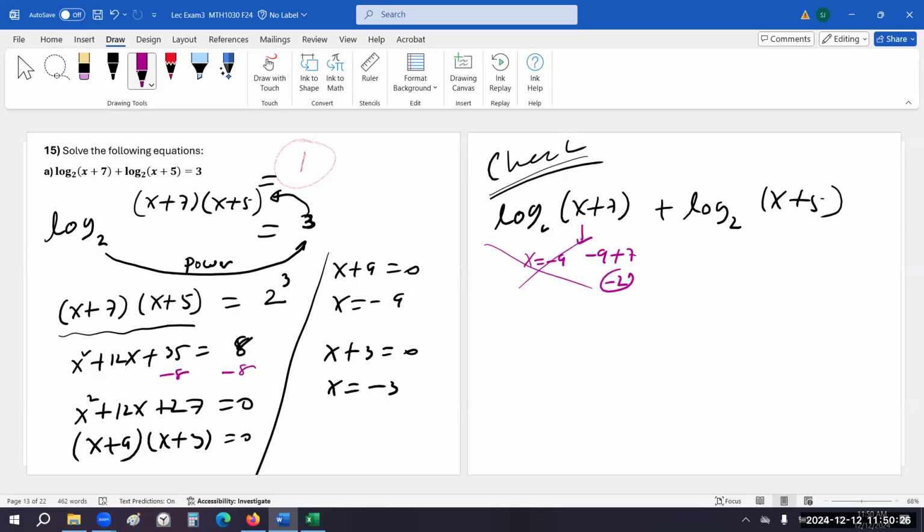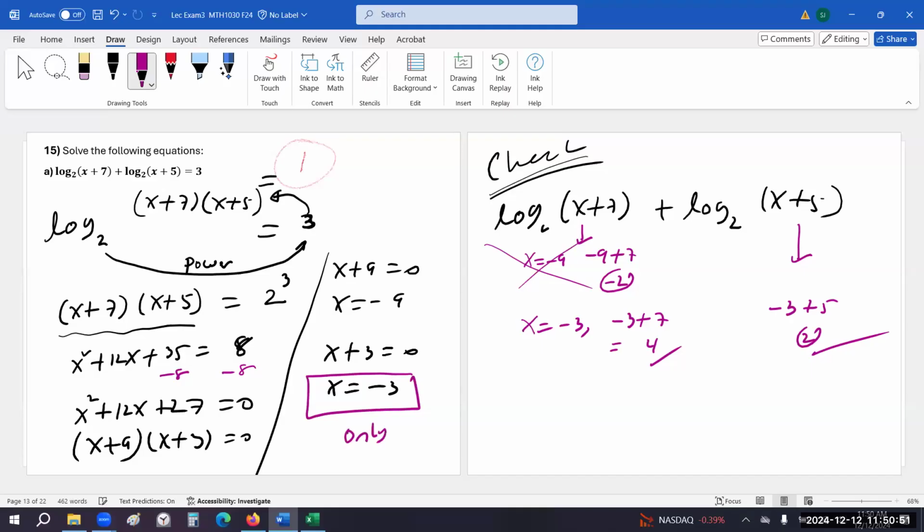If the first one is wrong, you automatically don't have to check the other one. You go to the next number, -3. -3 plus 7 gives us 4. But we also have to check this one. -3 plus 5 gives us 2. That's also okay. So for -3, both logs are positive. So the only solution is -3, not -9.